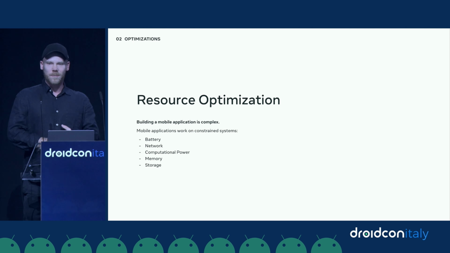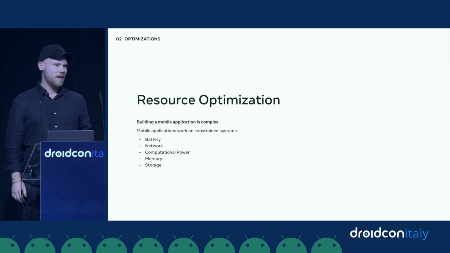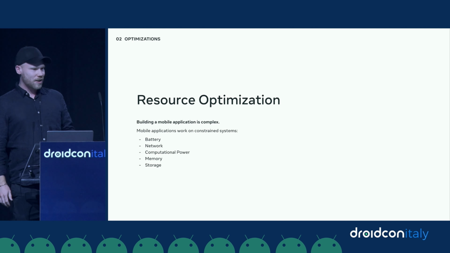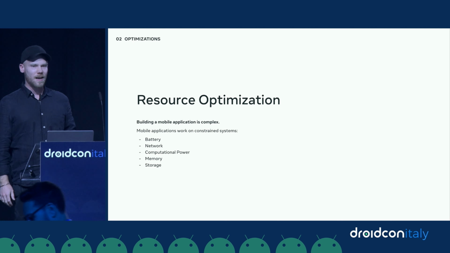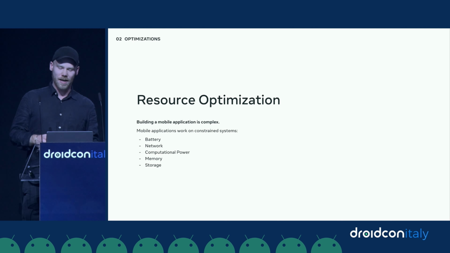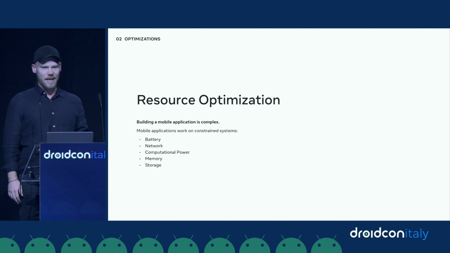So the first one I want to look at is just resources, right? So if we are honest, building mobile apps can be quite complex. There's a lot of challenges, especially with performance, because mobile phones and mobile devices are quite constrained devices, right? It's a constrained system. So the phones used to be getting smaller and smaller.